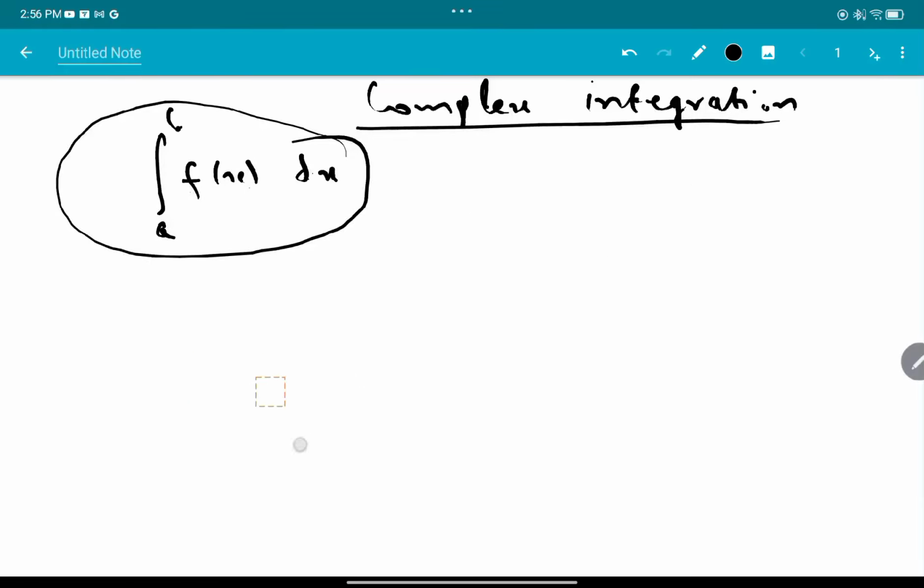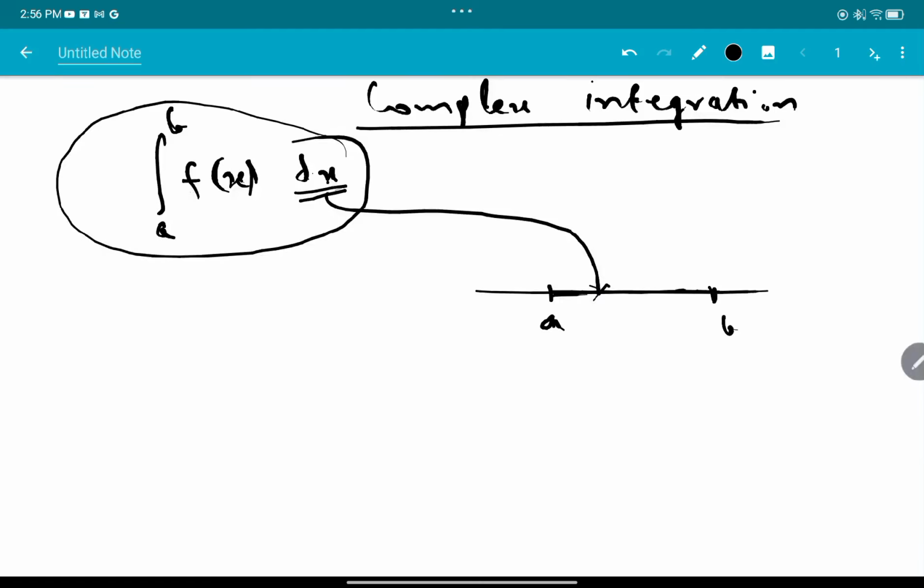See, when we have this integral, the path of integration is only a single path from A to B, two fixed points. You are dividing this into pieces; dx belongs to the path.